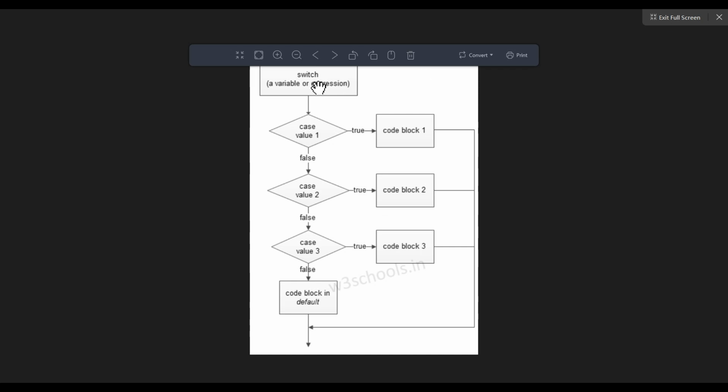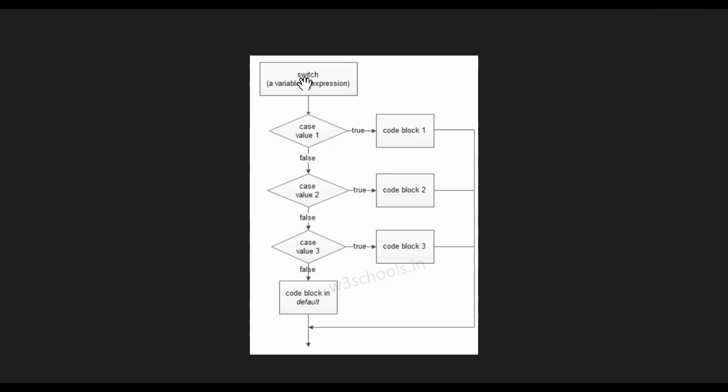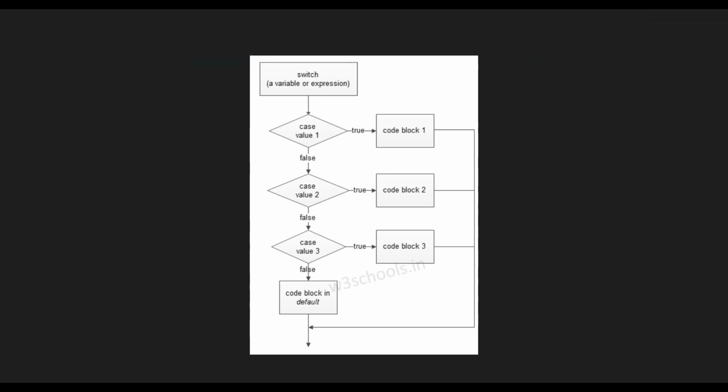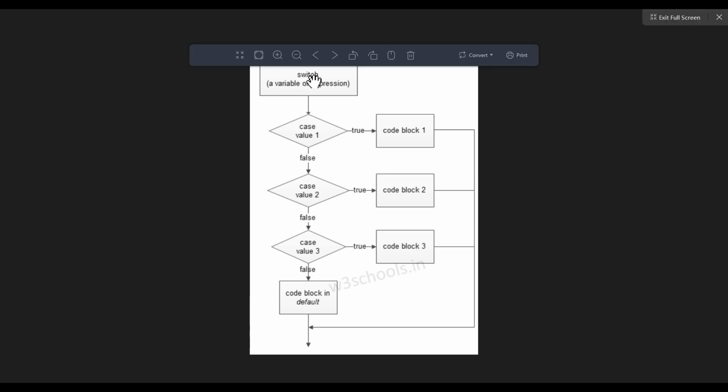So first, there will be a variable which will come to the switch statement, based on which we will take a decision. So first of all, a variable will be passed to the switch statement, this block.